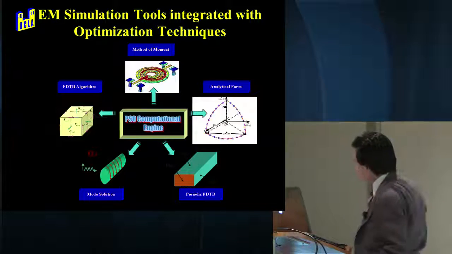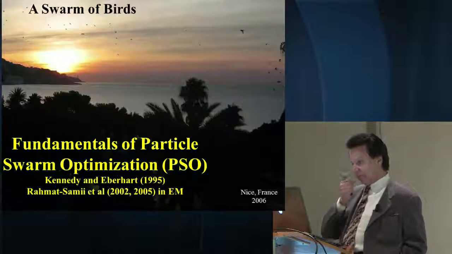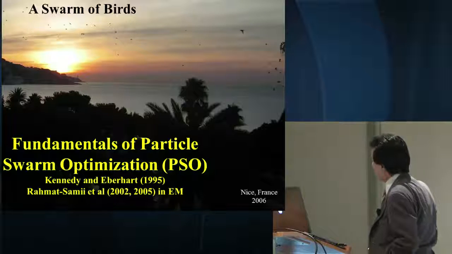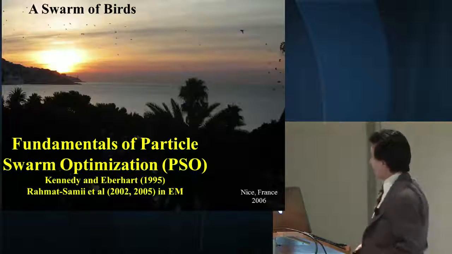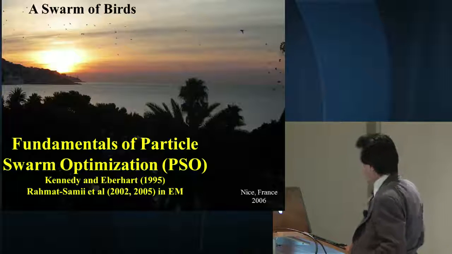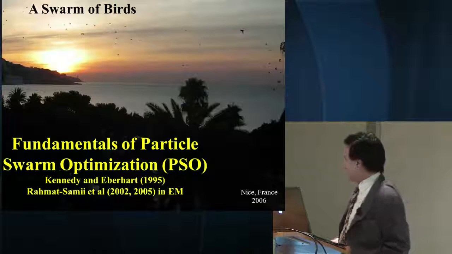I'm going to talk a little bit on this computational part, which could have some novelty for you. I'm going to talk just a few words to bring you to the state of the art of some of the optimization. Fundamentals of particle swarm optimization, and I'm going to use the abbreviation PSO.